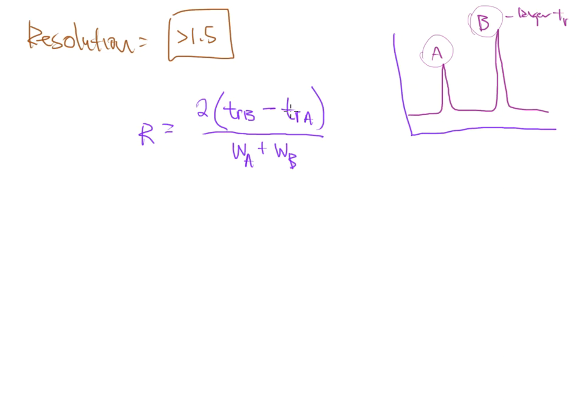You just want to make sure you get a positive value there when you do the subtraction, and then you multiply it by 2. As far as the W's go, the W's are going to represent the width, the width of A and the width of B. So those widths are basically the widths at the base. So how far or fat is that peak in the chromatogram?